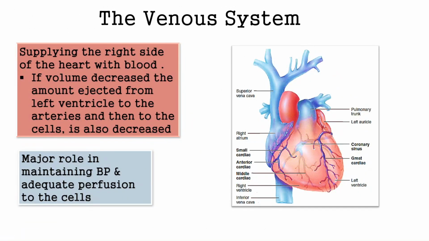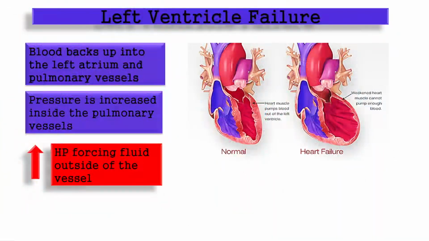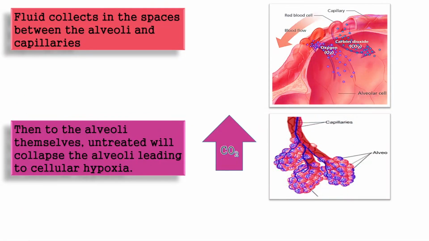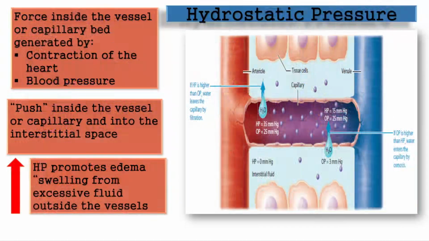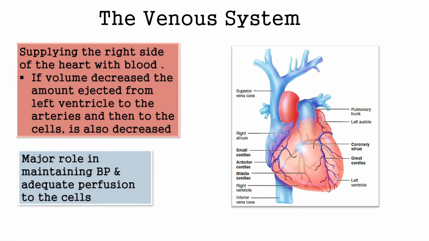The venous system. We talked about how oxygenated blood comes out of the aorta here, comes around the aortic curve, and comes down the aortic artery.